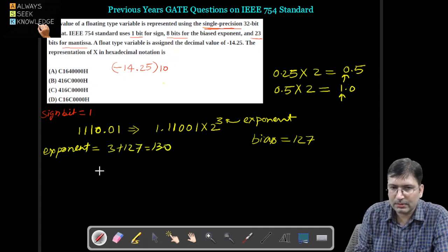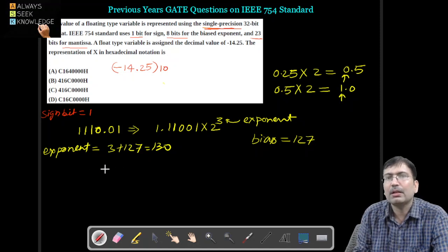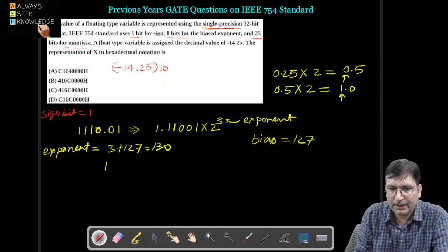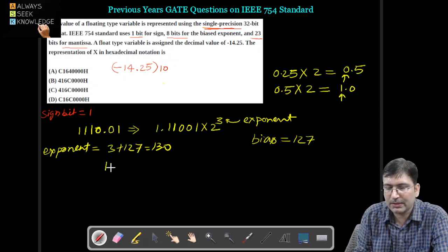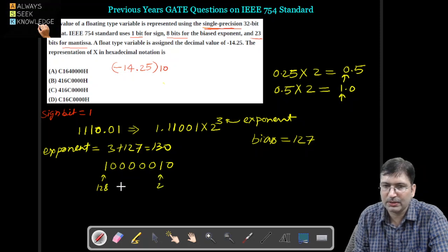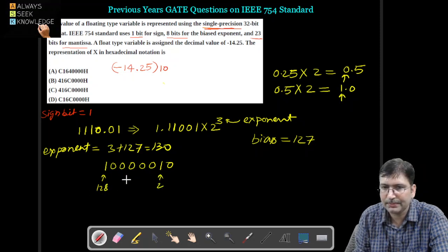When we represent 130 in binary, we can take 128 plus 2. The 8th bit is 1, then 0, 0, 0, 0, 0, then the second place is 1, and then 0. So there are 8 bits, and 128 plus 2 gives you 130.